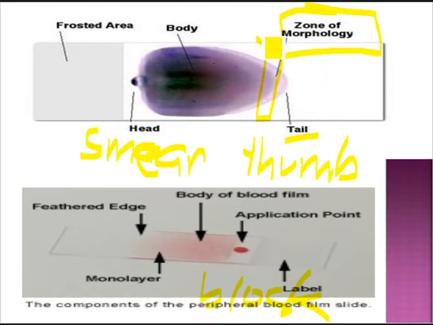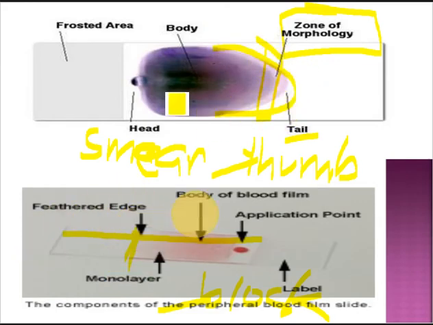As per my experience, Chonghua uses the block type, while Perpetual Succour uses the thumb shape. So yeah, it's basically the same. This is where you are going to put your drop of blood. You are going to smear it with another slide, and you either get a thumb shape or a block shape. It depends, but the body or the parts are still there.